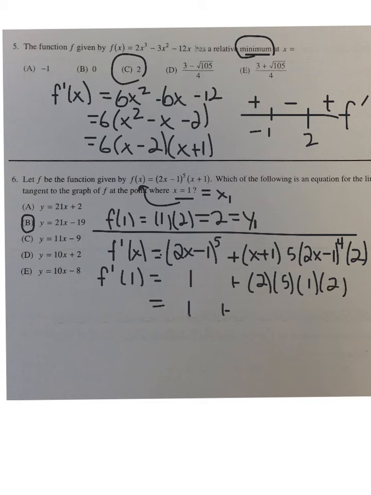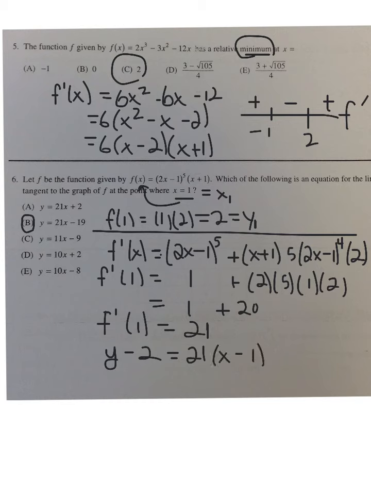So that's 1 plus 20, right? So f prime of 1 is 21. So your equation is y minus 2 equals 21 times x minus 1.